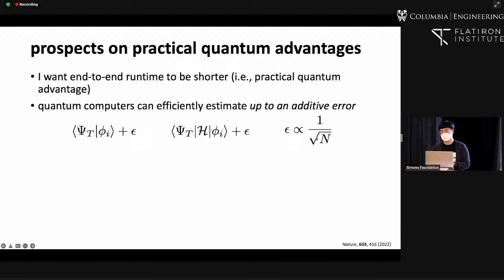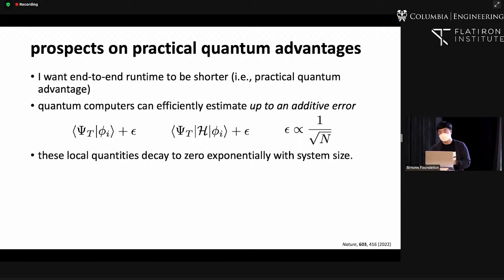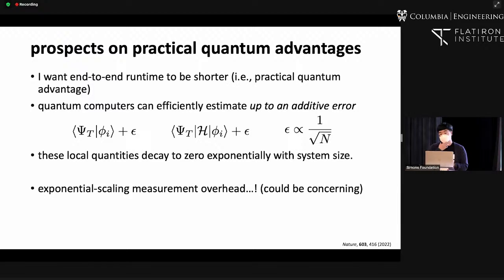So if you have to refine this quantity more and more, you have to measure more and more. Unfortunately, these local quantities decay to 0 exponentially with system size. So at some point, you will have to work exponentially harder on the quantum computer to resolve these small quantities. This could be a very concerning measurement overhead.